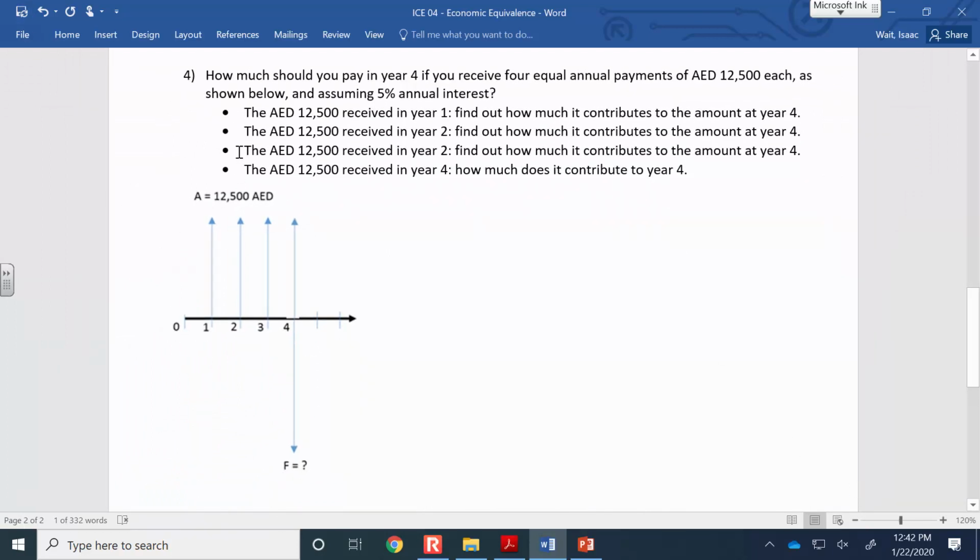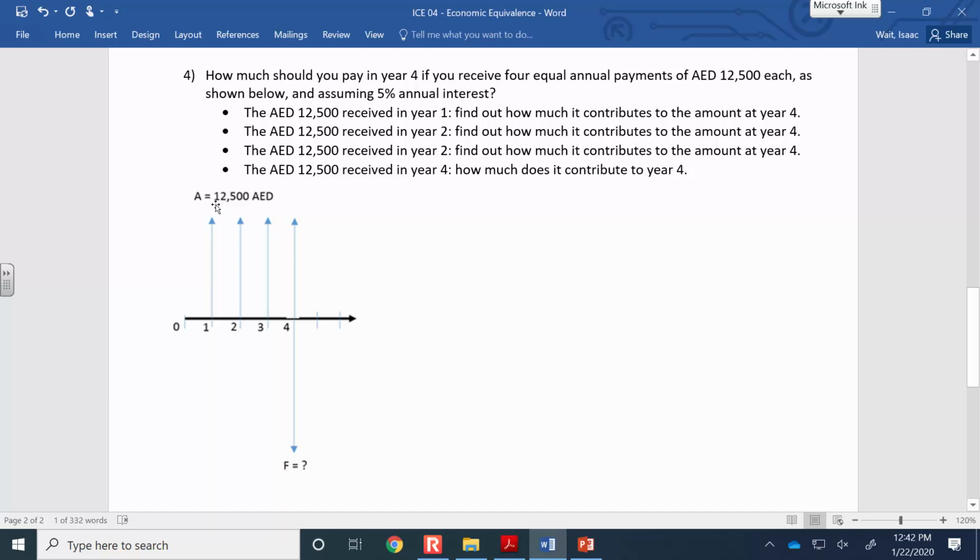So in the first part, I'm asking you to apply the equation F equals P(1 plus i)^n.